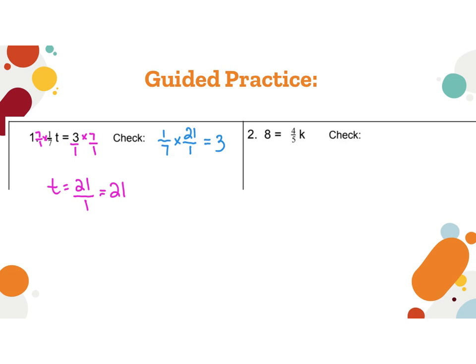So 1 times 21 is 21, and 7 times 1 is 7. 21 over 7 is equal to 3. When we simplify that fraction, we do find that it is equal to 3. 3 equals 3, so we know we solved it correctly.